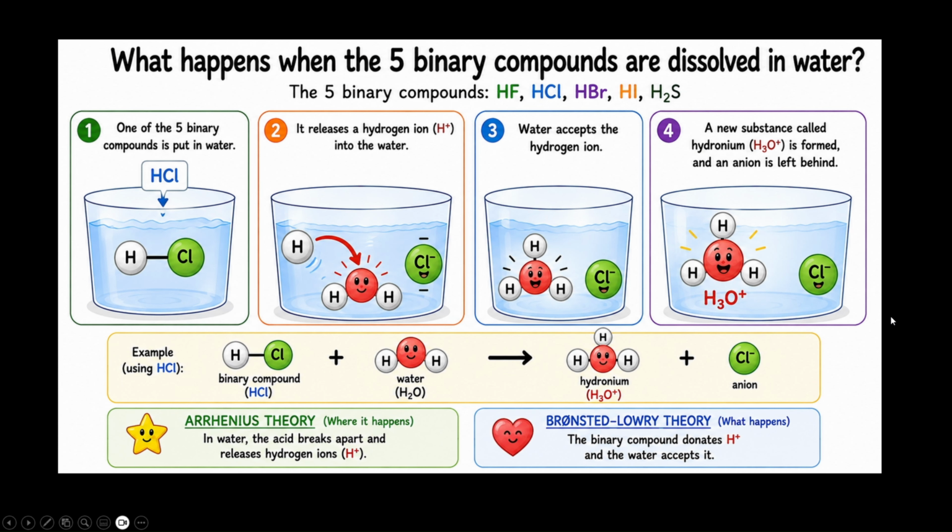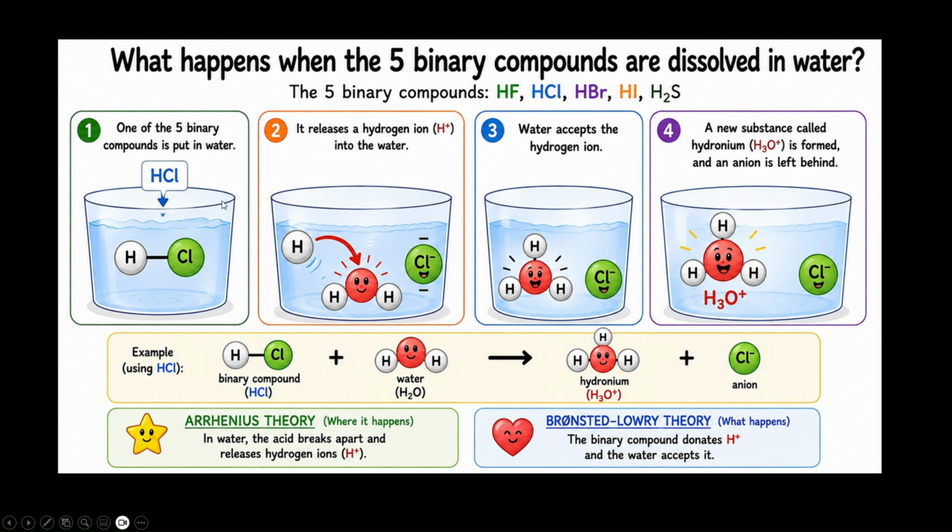To summarize the main points from both videos, Arrhenius theory tells us that if we use hydrogen chloride, such as what we see in this example, it will break apart in water and release a hydrogen ion.